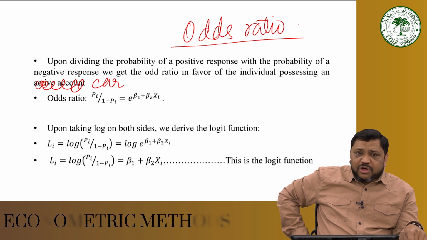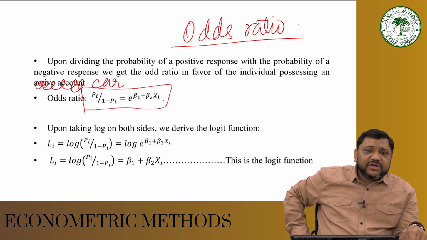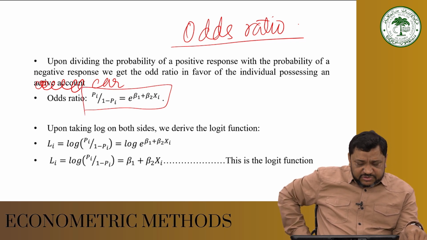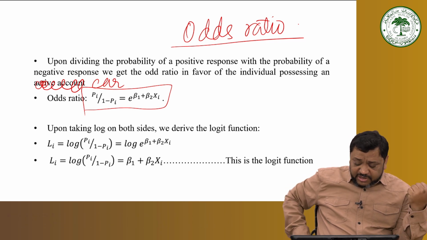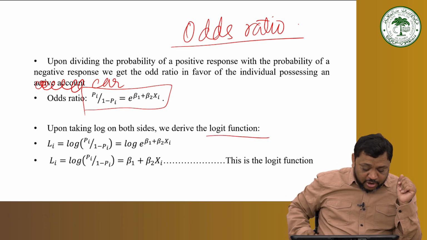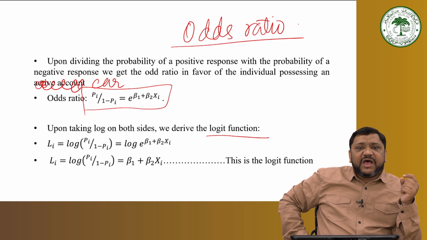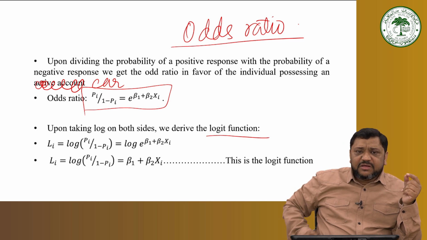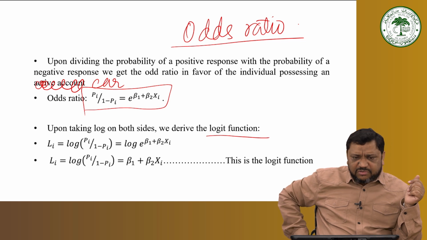Now, in order to solve this type of relationship where we have an exponential raised to the power of something, the simplest way is to take the log on both sides, and then we derive the logit function. When we take the log on both sides, Li, which stands for logit, is equal to log Pi divided by 1 minus Pi. Since we applied log to the left hand side, we also apply log to the right hand side.